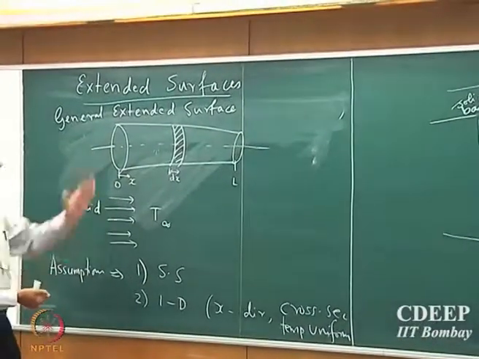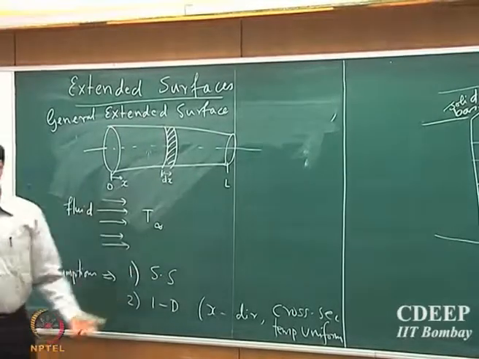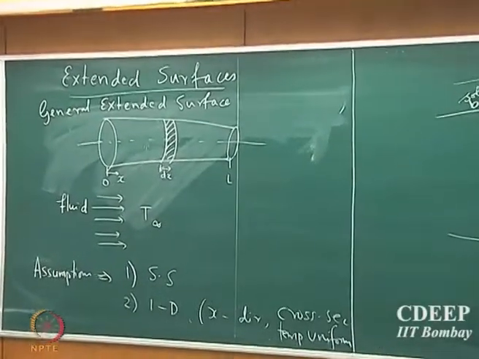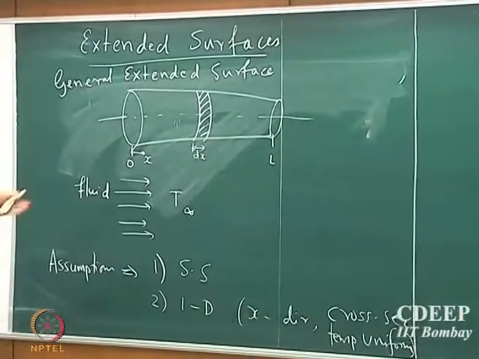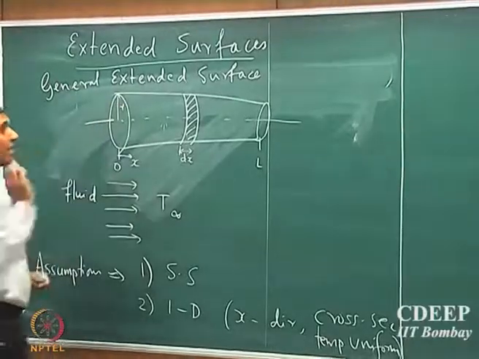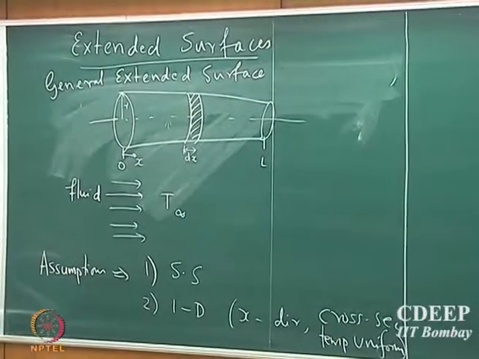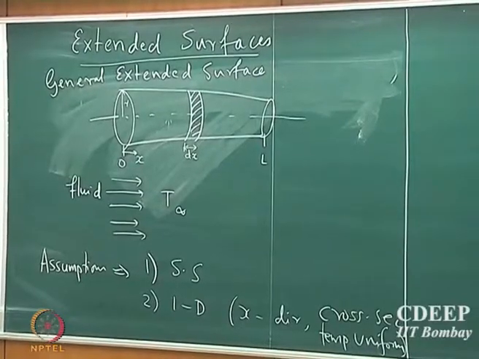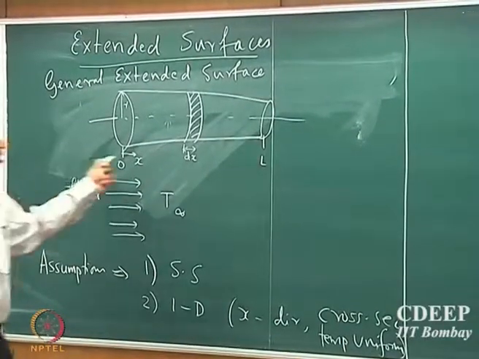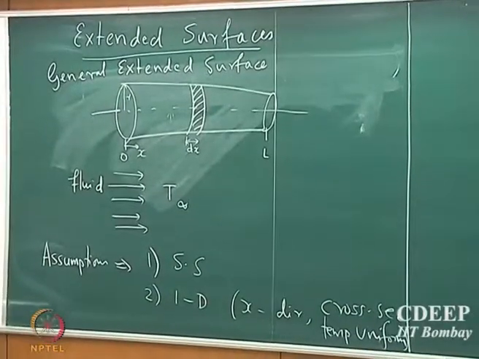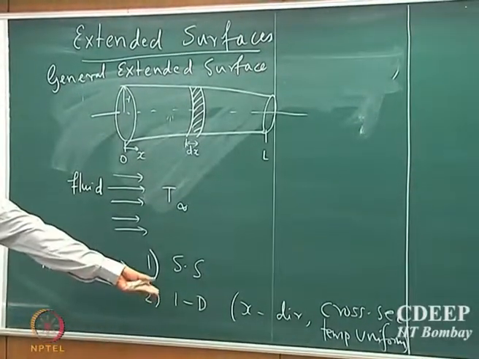So I assume that in every cross section the temperature is uniform, which means that the gradients are 0 in this cross section. But if the aspect ratio, that is, if the radius of the cross section that we are considering is substantially small compared to the length of the object, then it is a reasonable assumption that the gradients in the cross section are negligible.